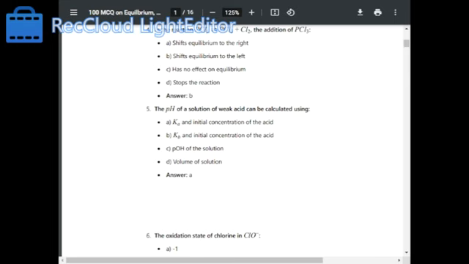The pH of a solution of weak acid can be calculated by using Ka and the initial concentration of the acid. The option A is correct.